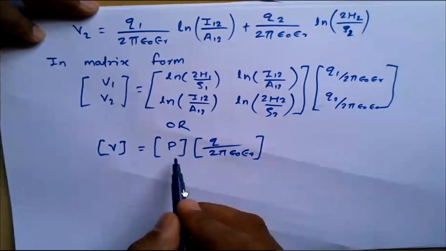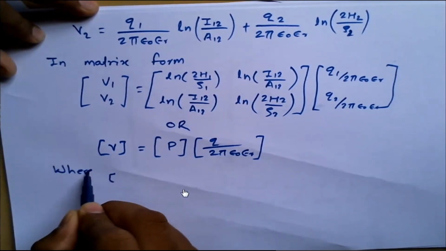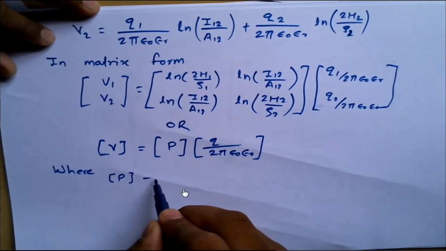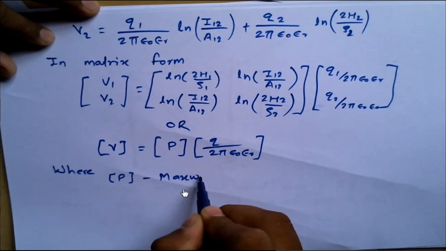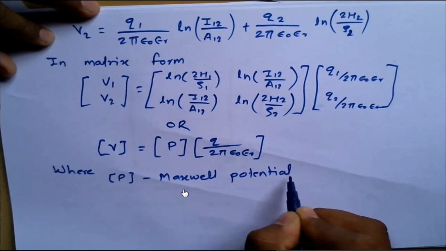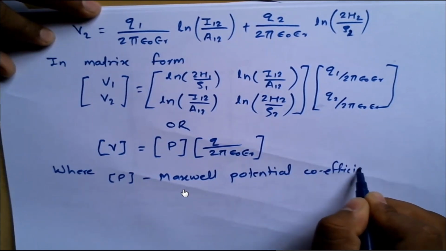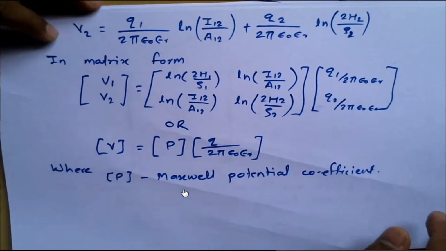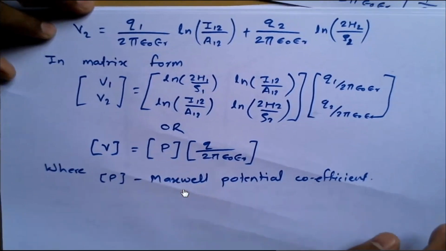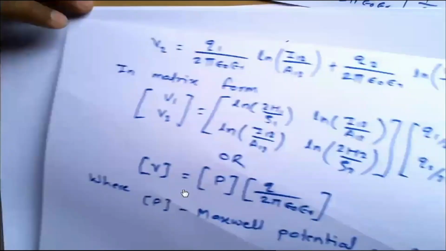So the element this P, where this P is nothing but the Maxwell potential coefficient. Okay. So in this particular equation आत्ताच आपण एक डायग्राम पाहिली.